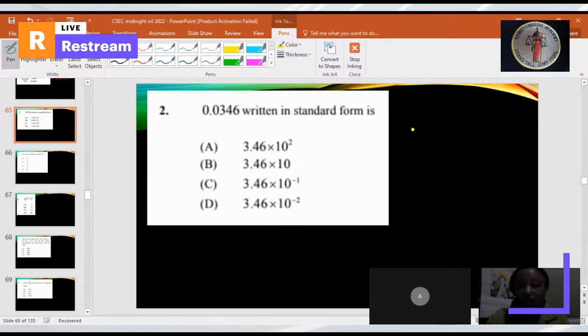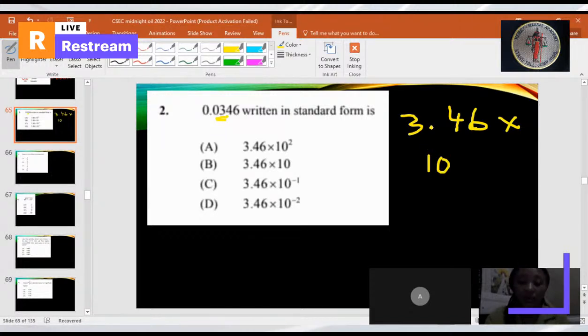And then we're going to multiply that by 10 to the power of any number of places that we would have to move to get back to the original. So in other words, we want 3. 3 is the first digit there. We want 3.46. So times 10 to what power? How many places?